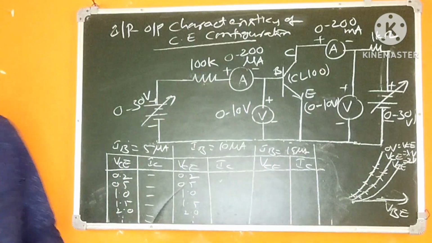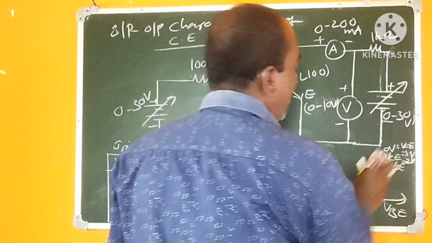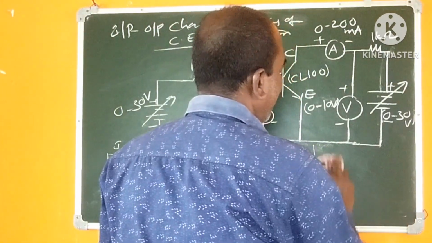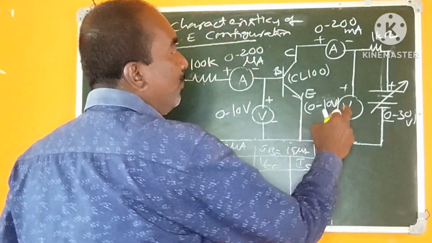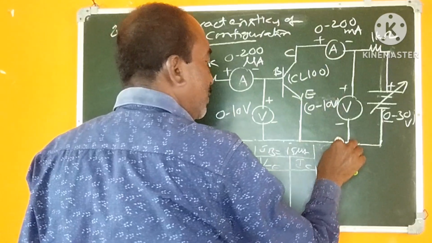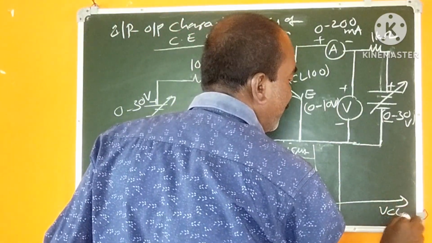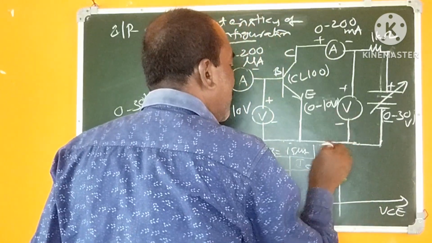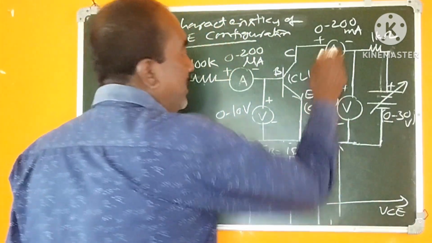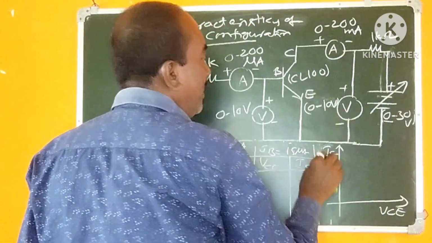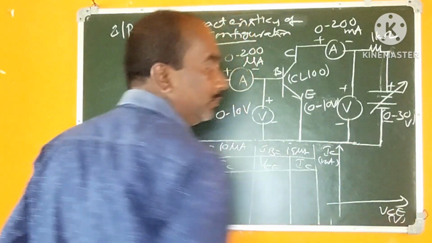Output characteristics graph can be drawn. The output characteristics is between VCE and IC. So let us take along the x-axis VCE and along the y-axis IC. IC is in milliamps and VCE is in volts.